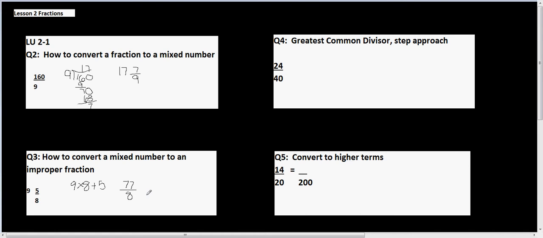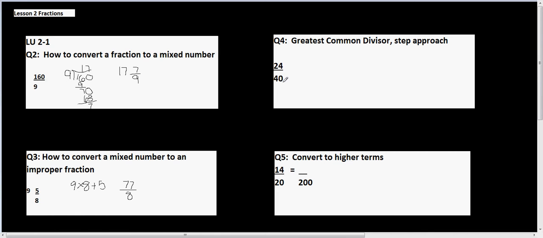Okay, we want to continue on here and we're going to start looking at the greatest common divisor. And what we're saying here is what is the largest number that divides evenly into both the numerator and the denominator.